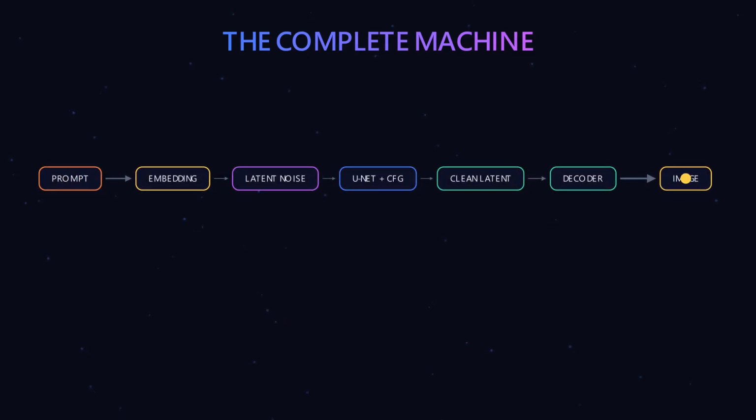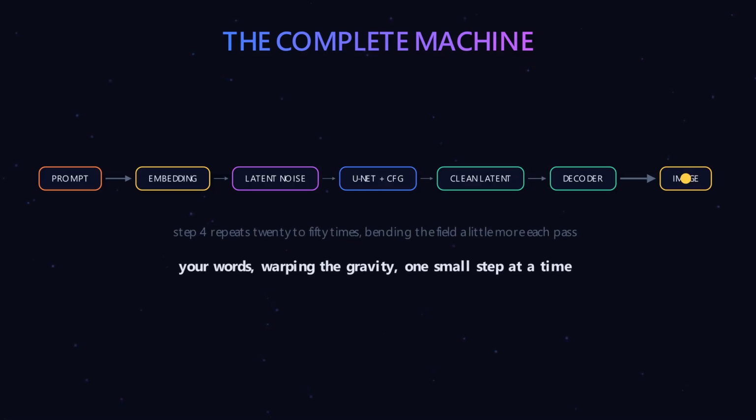Your prompt is tokenized and embedded into text magnets. A patch of pure random noise is generated, but generated small, already living inside the compressed latent space, not in pixels. At every denoising step, the U-Net predicts 2 arrows across that latent field, one conditioned on your text magnets, one conditioned on nothing.